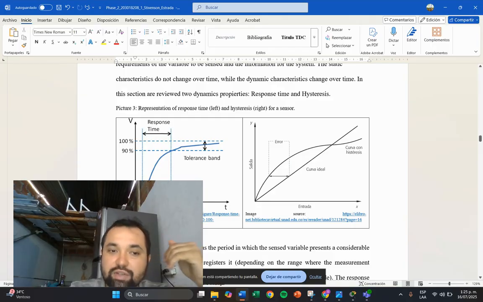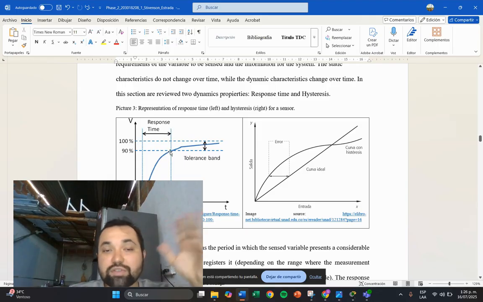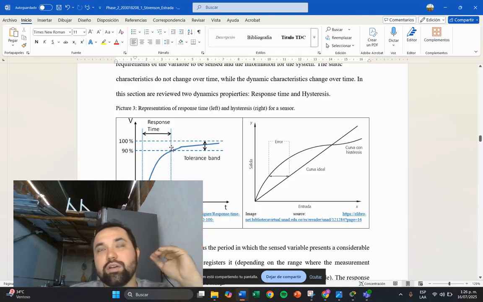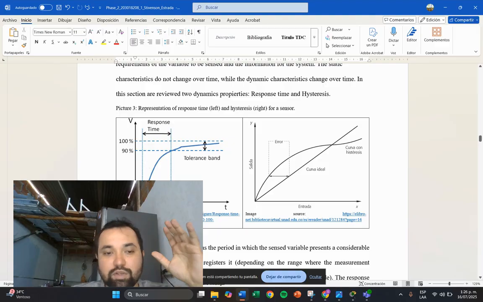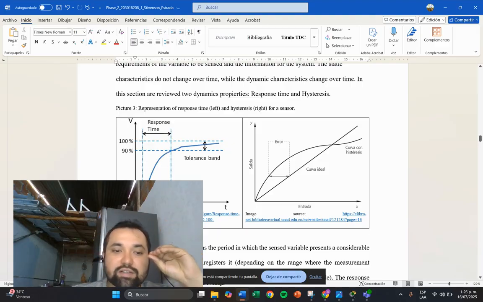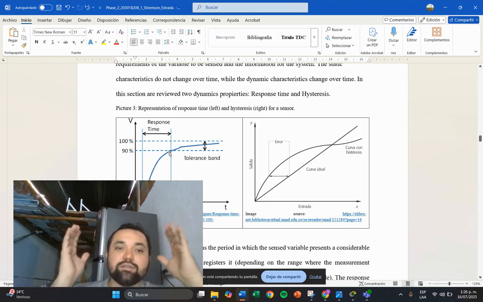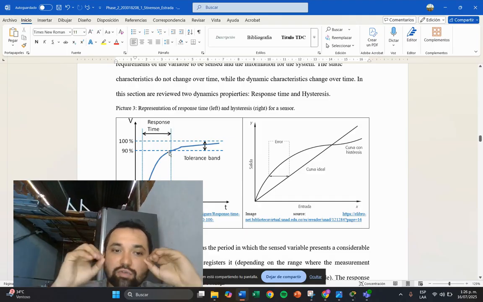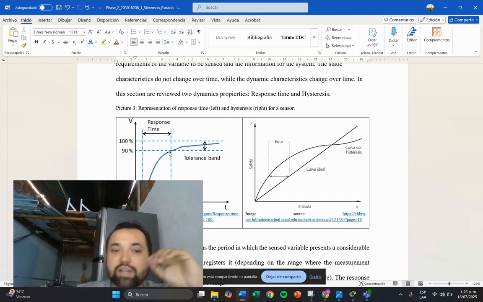This is the time when the sensor starts the reading and rises to almost 70 or 75% of the magnitude of the input signal. Okay, the sensor receives this input signal and starts to measure, and the time the sensor takes to measure 90% of the real value is the response time.